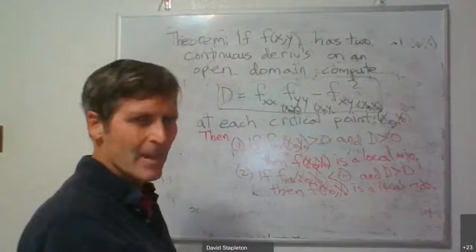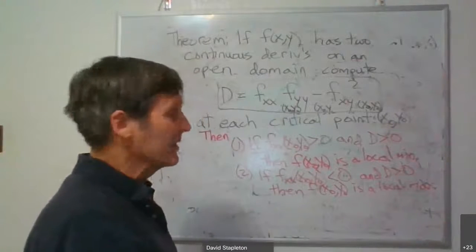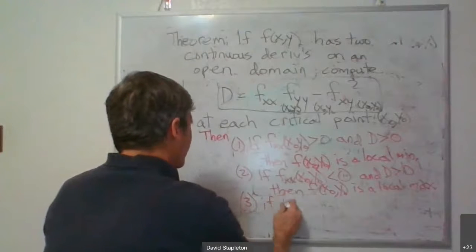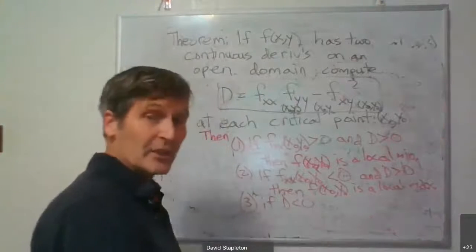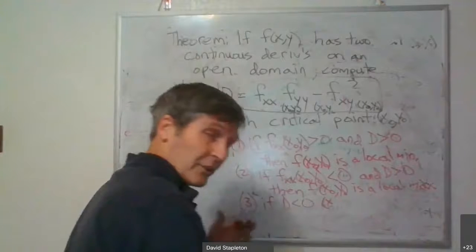All right. What else can happen? Could be that D is less than 0. If D is less than 0, then it's a saddle point, it turns out. Neither a max or a min.